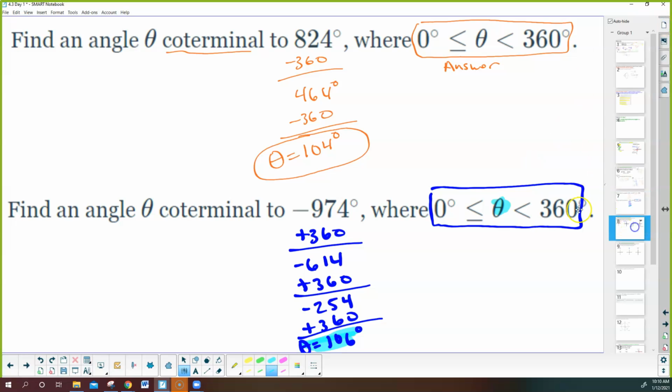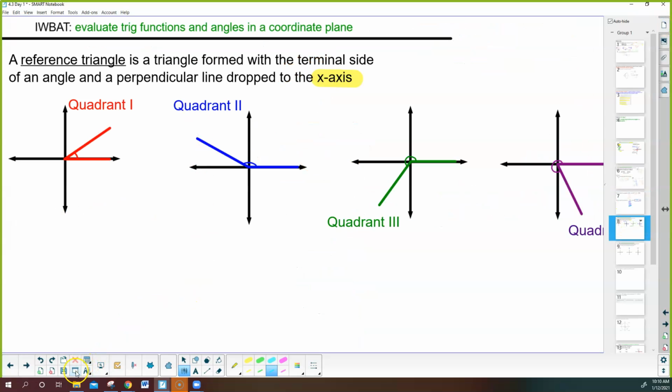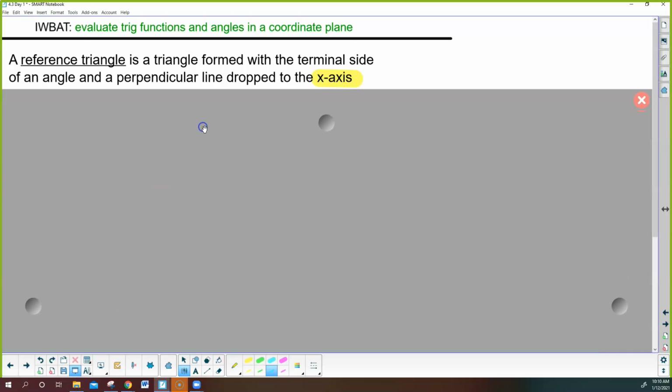All right. This next piece is very important. It's the idea of something called a reference triangle, or we can say reference angle. So please take really good notes here. A reference triangle is a triangle formed when the terminal side of an angle and the perpendicular line drop down to the x-axis.